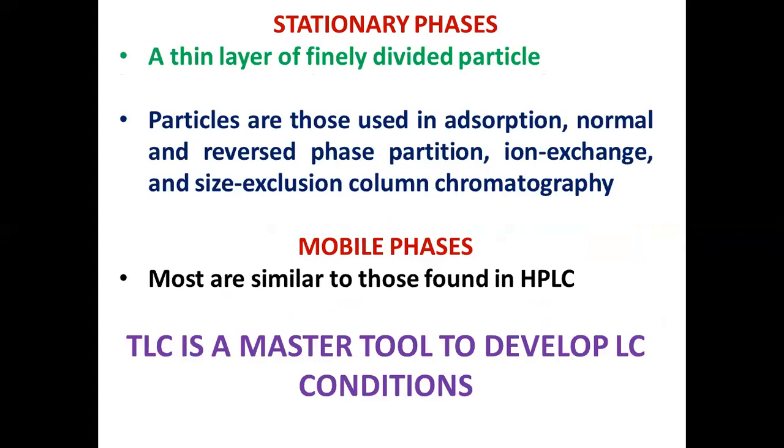So what are the commonly employed stationary phases in thin layer chromatography? Particularly, finely divided particles can be used for thin layer chromatographic separation. Normally we use the stationary phases for adsorption chromatography, normal phase or reverse phase liquid chromatography, bonded phase chromatography, ion exchange chromatography, and even size exclusion chromatography.